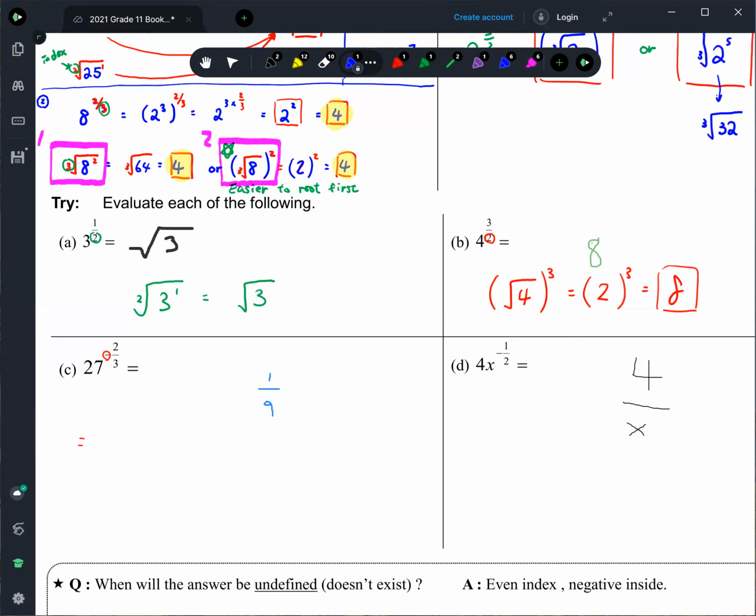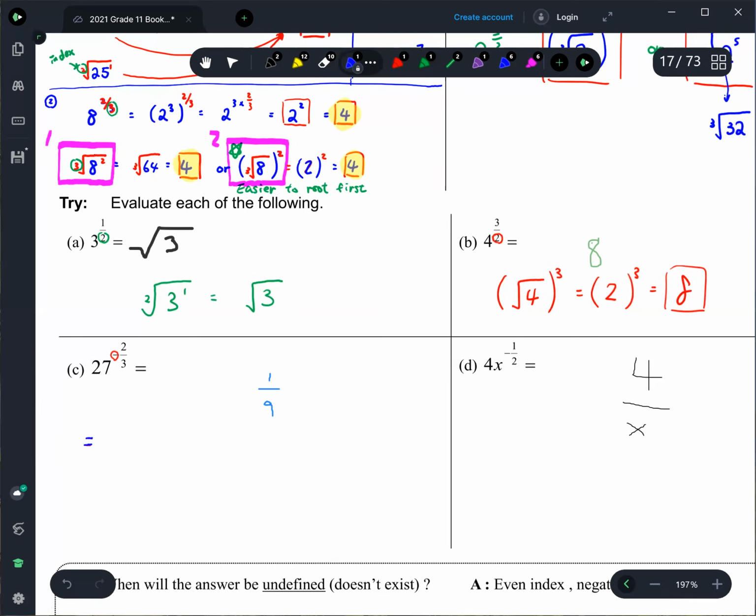So if we have a negative exponent, what does it do to the number? Nate: It flips. So what would it look like after flipping? It is 3/2.